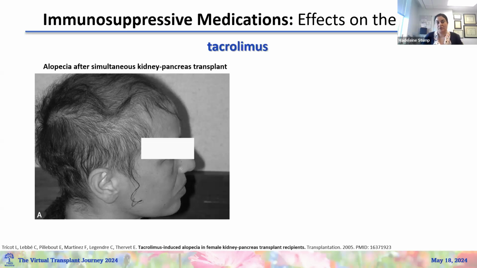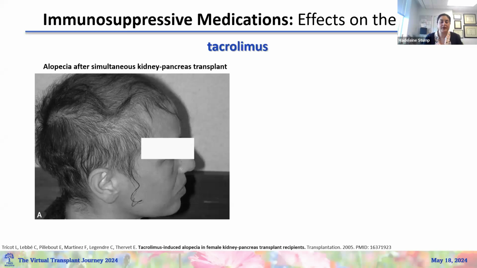The process is known as telogen effluvium, or shifting of the hair cycle from growth phase to shedding, or telogen effluvium phase. It is hypothesized that this is due to the fact that tacrolimus has a vasoconstrictive effect, or narrowing of the blood flow to the scalp and the hair follicles, hence leading to increased hair shedding.